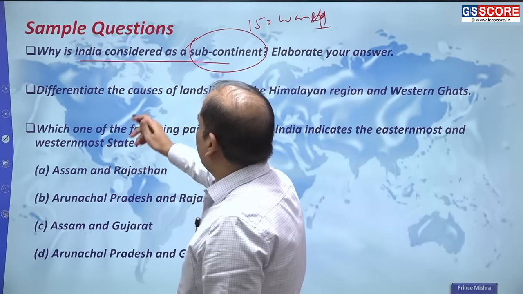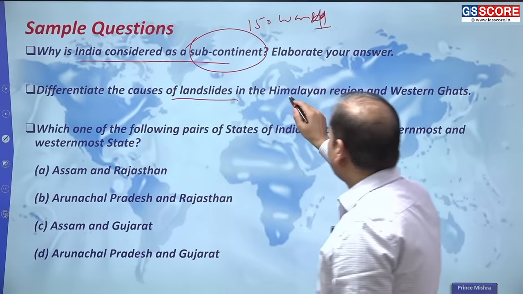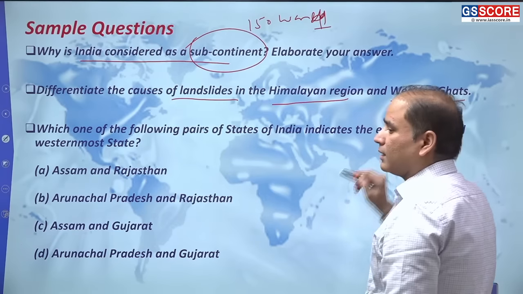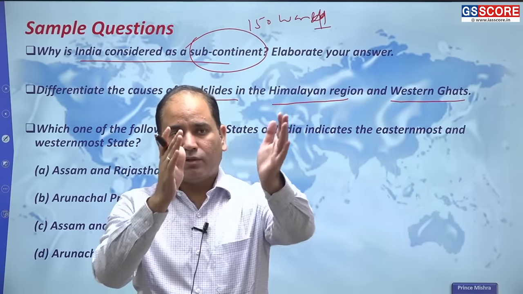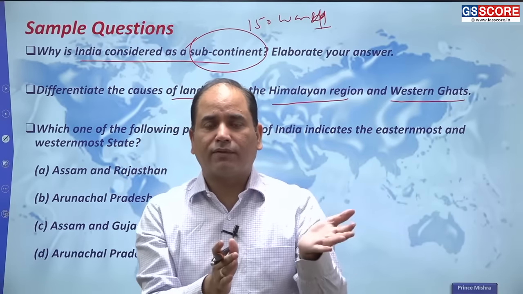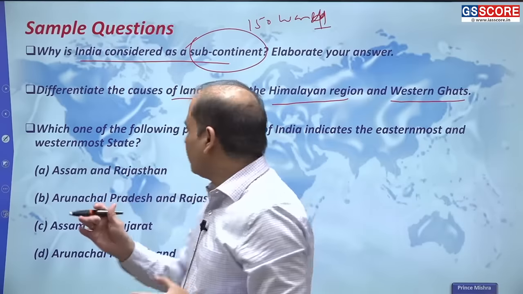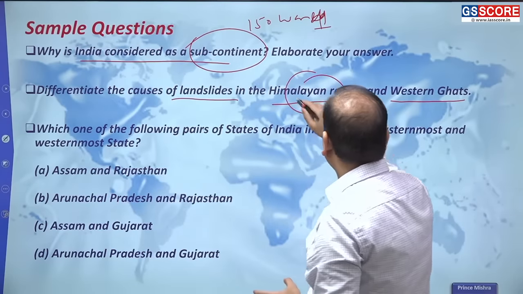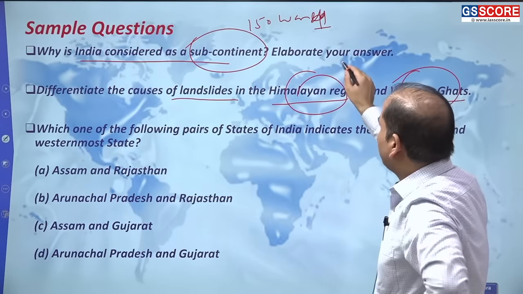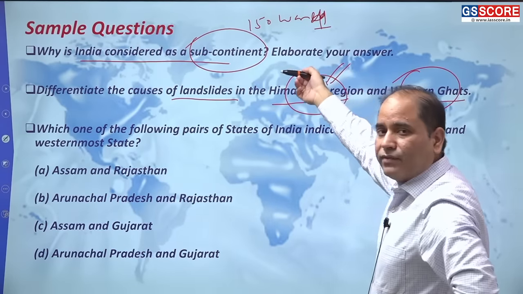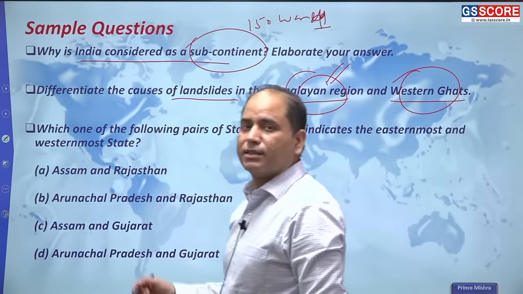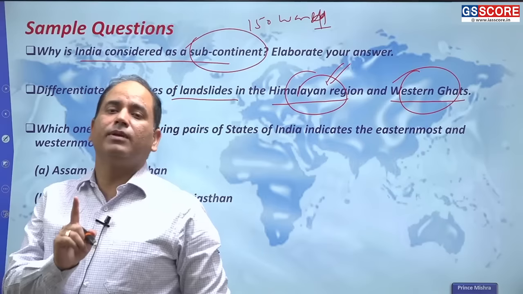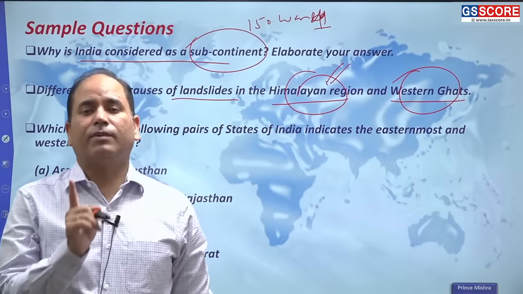Also: differentiate the causes of landslides in the Himalayan region and the Western Ghats. Now the question is on landslides, but to differentiate the causes of landslides, you need to have a good idea about the physiographic reasons. You need to know what the different features associated with the Himalayas are and what the different features associated with the Western Ghats are. Only then will you be able to answer these types of questions.